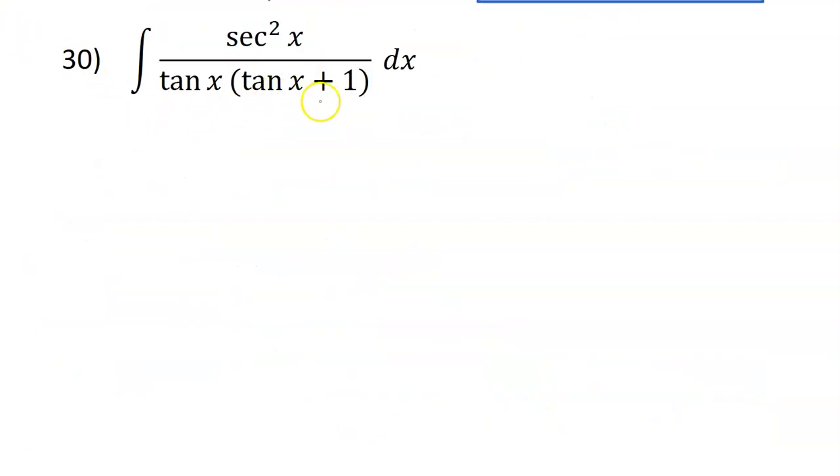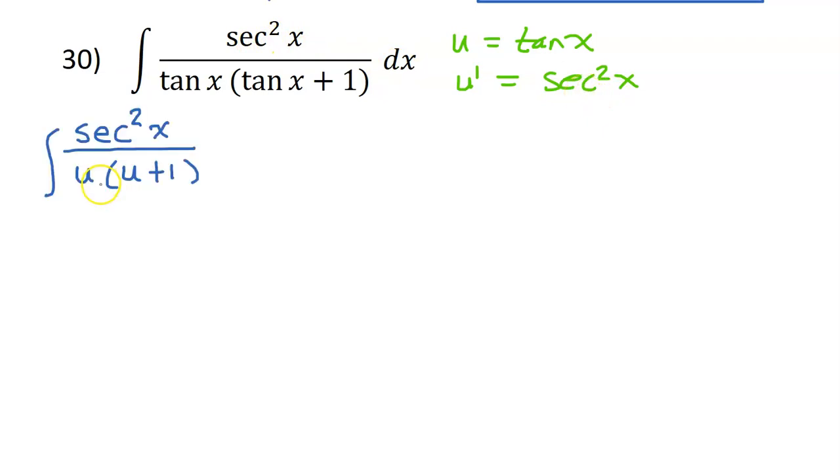Here's another situation where we first need to do u substitution and then partial fractions. If we let u equal tangent x, then u prime will equal secant squared x. We see the secant squared in the numerator, so this is promising. Doing the substitution gives us this.